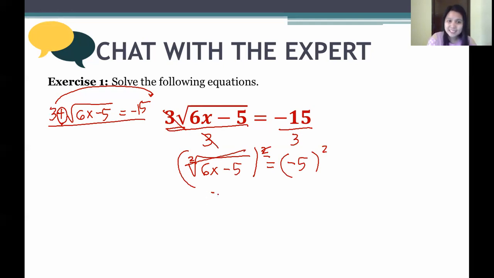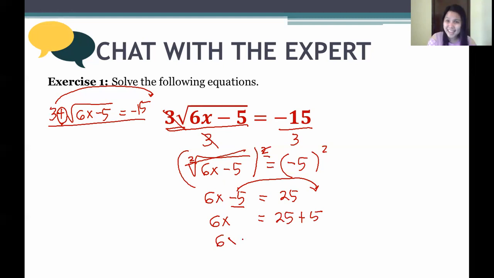So we have 6x minus 5 equals 25. Next, we transfer negative 5 to the other side. So 6x equals 25, and negative 5 becomes positive 5.